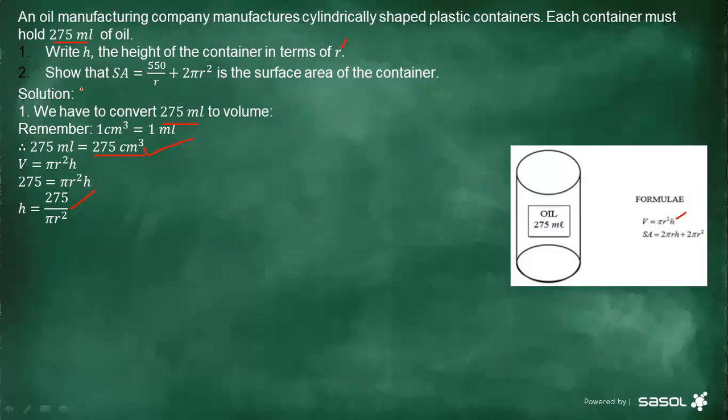The second question says show that the surface area equals 550 over r plus 2 pi r squared, the surface area of the container. We have to show that. You write the formula for the surface area of a cylinder and substitute the values, but instead of h being 8, you substitute 275 over pi r squared.